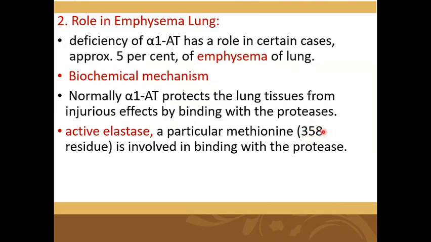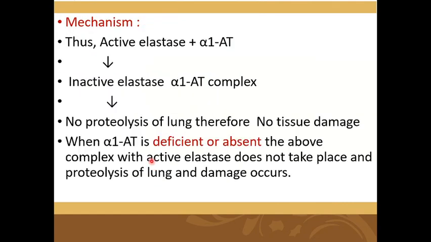And if this methionine is destroyed, then the action of alpha-1 antitrypsin on the active elastase will be inhibited. So active elastase, through its 358 methionine, binds with the alpha-1 antitrypsin, and in this way elastase becomes inactive.